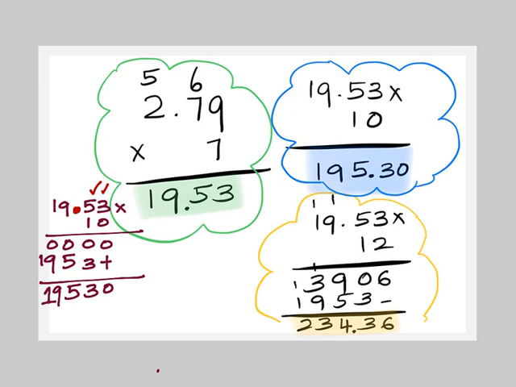So in the same way, we have to make the decimal 2 digits to the left. So this is the first digit, second digit. So 2 digits to the left. So here is where you have to keep the decimal. So the answer is 195 and 30.